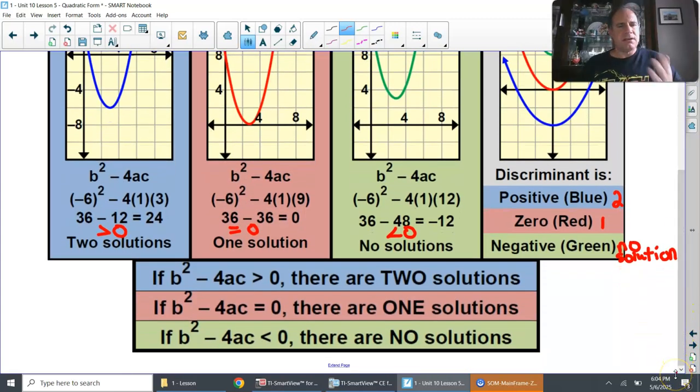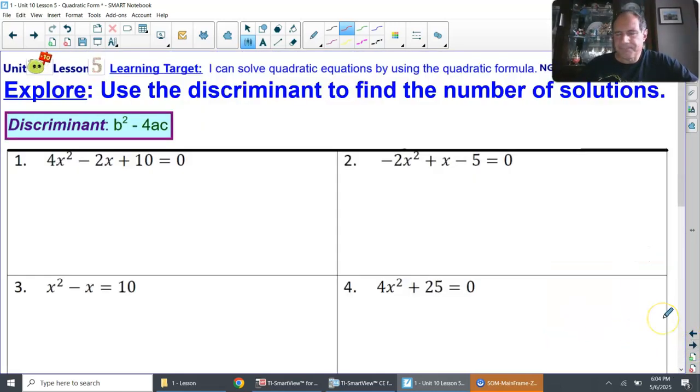This is it right here. If b squared minus 4ac is greater than 0, you have 2 solutions. If b squared minus 4ac is equal to 0, there's 1 solution. And if b squared minus 4ac is less than 0, that means that there is no solution, and the parabola does not hit the x-axis, does not intersect the x-axis.